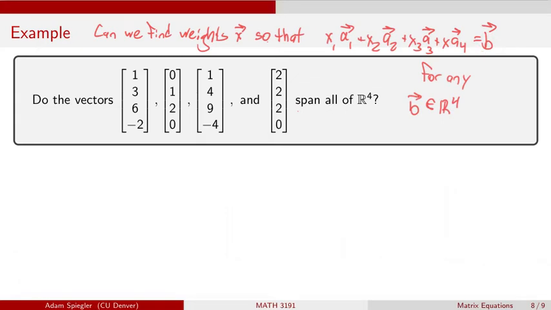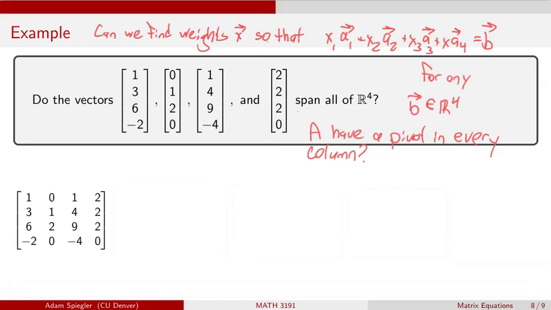And from the previous video, we learned that this question is exactly equivalent to saying, does matrix A have a pivot in every column? Where matrix A consists of columns A1, A2, A3, and A4.